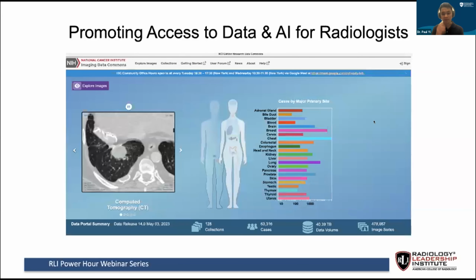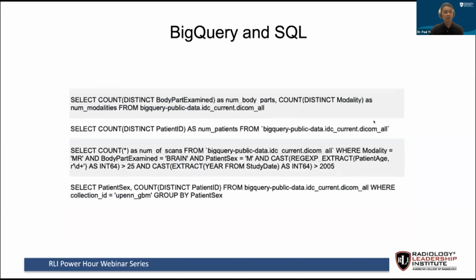And one final note of one possibility is promoting access to data and AI for radiologists. So promoting equity by allowing more people to use data and do data science. To use data sets, we often need to have knowledge of BigQuery and SQL, being able to code to just ask things like how many MRIs are there.